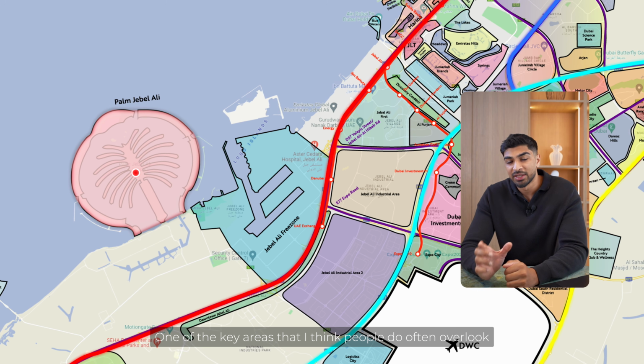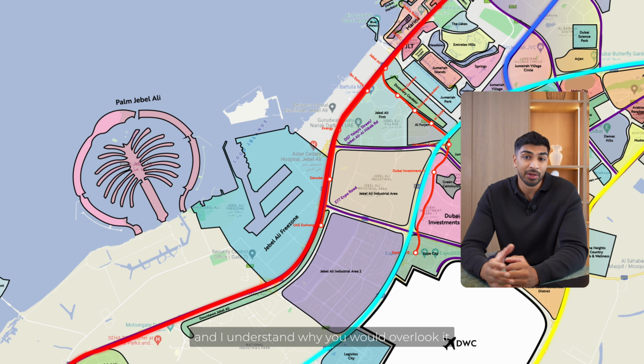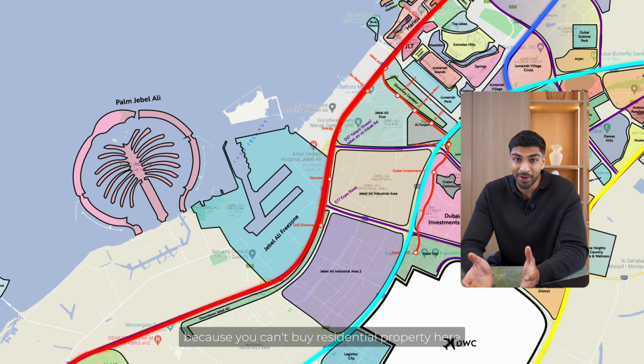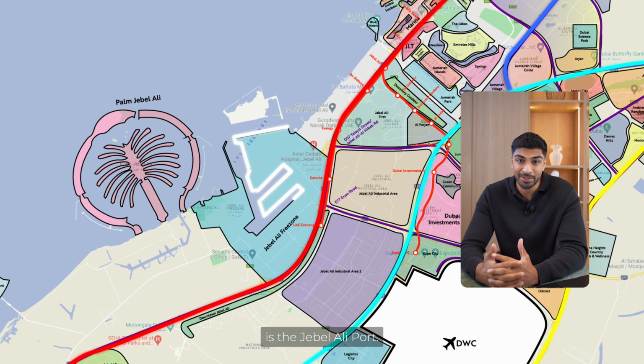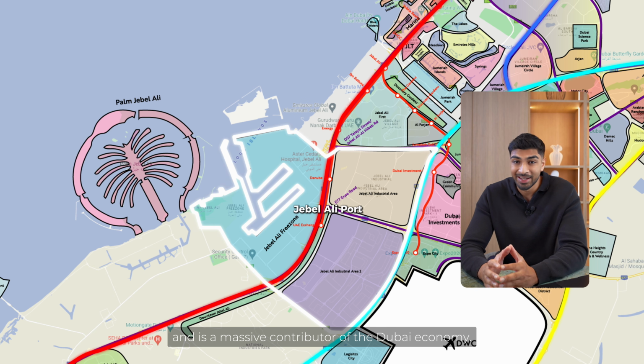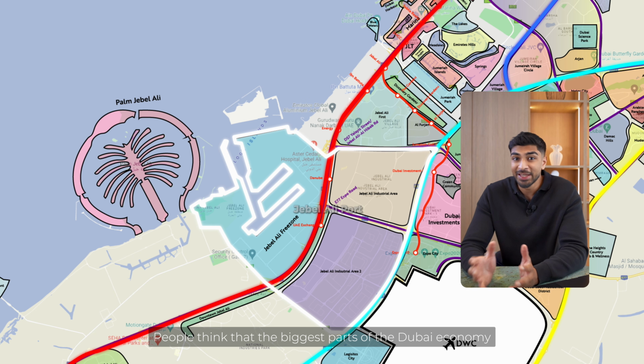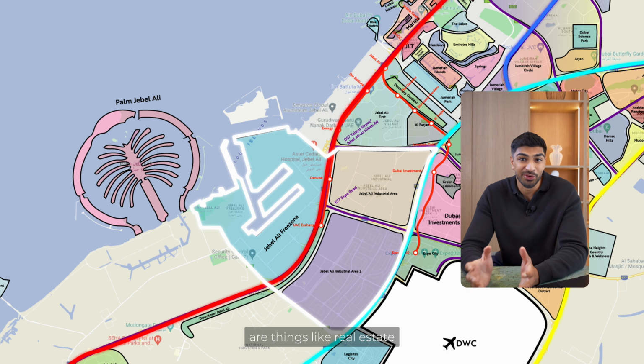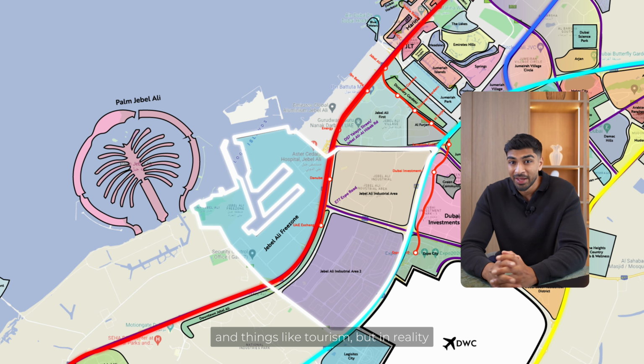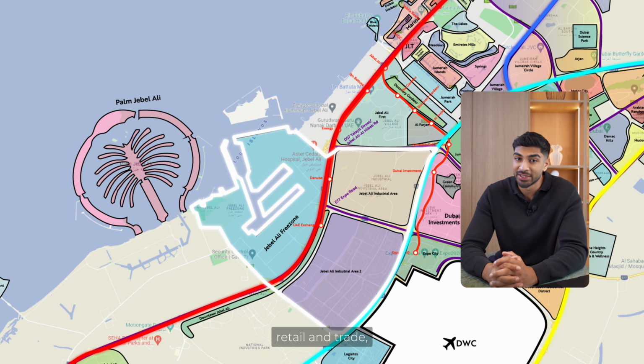One of the key areas that I think people often overlook, and I understand why, because you can't buy a residential property here, is the Jebel Ali port. This is highlighted here and is a massive contributor to the Dubai economy. People think the biggest parts of the Dubai economy are things like real estate and tourism, but in reality the biggest contributor to our economy is wholesale, retail and trade, which sits at 26%.